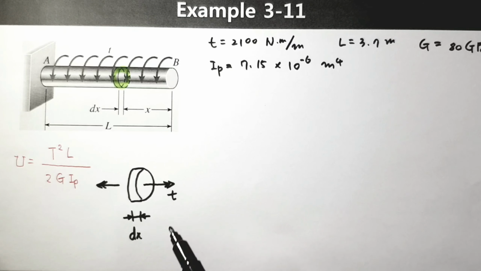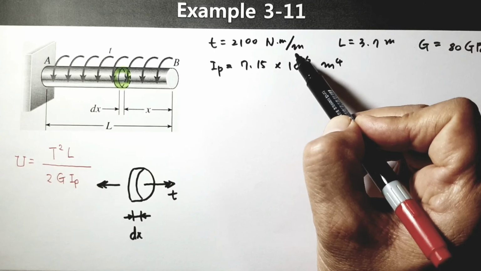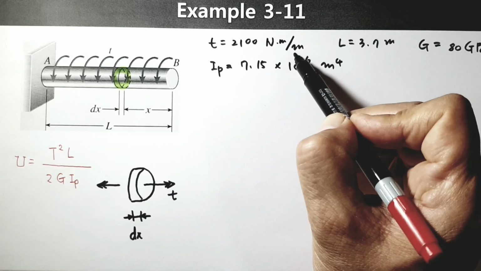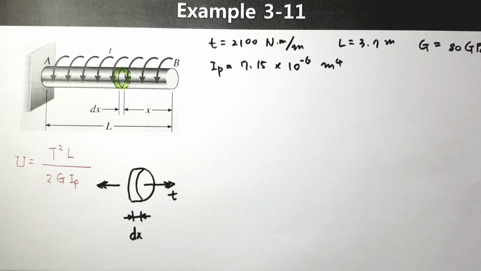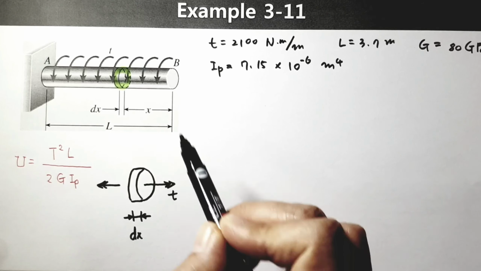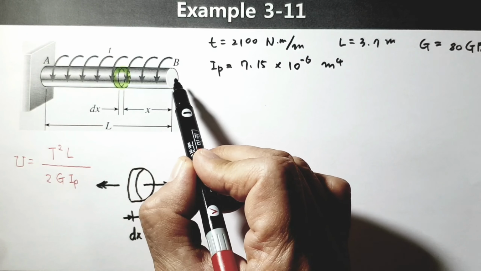When you consider just T, which is for unit distance or unit length, then for the length dx this is T dx in total. Anyway, when you consider a very small infinitesimal element, this T is for unit length, but on the right side it is totally summed.